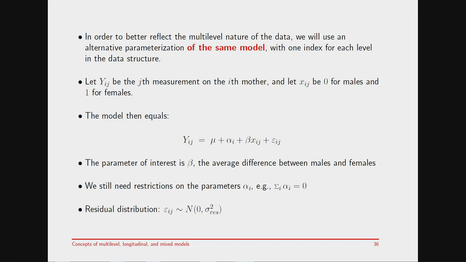So these alpha i parameters here, they're nothing like the betas that I wrote down here, because these are not population parameters. These are parameters that belong to that specific mother, and they are not parameters that characterize the general population from which you have sampled.